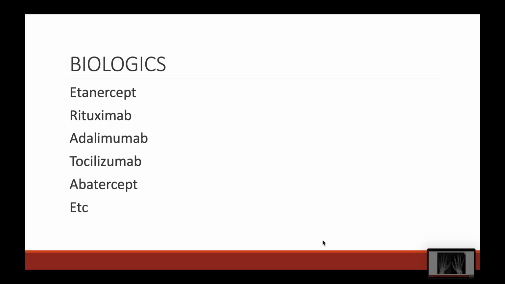There are new ones being licensed all the time. Obviously, you need to be aware of the side effects. The main one is that it can reactivate TB, as they're all immunosuppressive. Therefore, you need to have a chest X-ray before you start on any of these drugs to rule out any signs of latent or active TB.